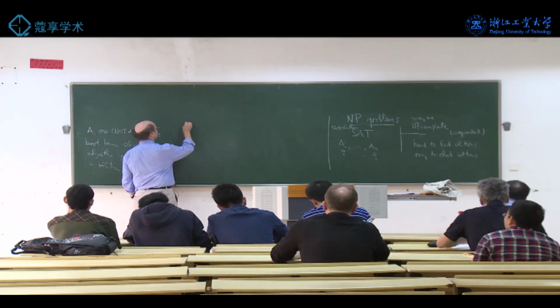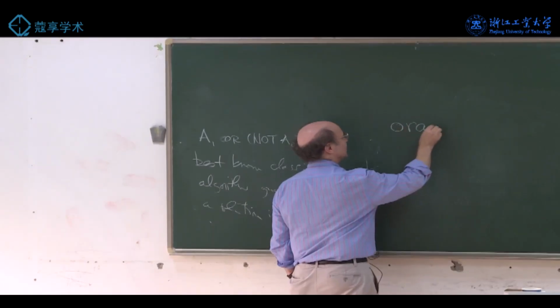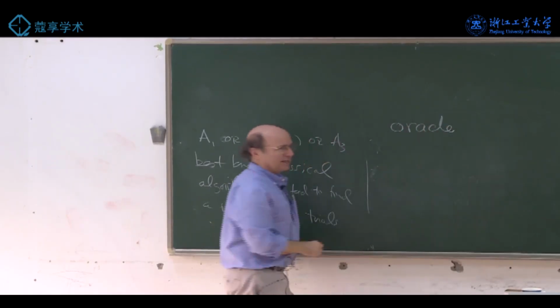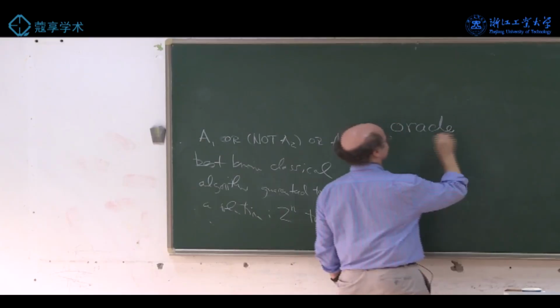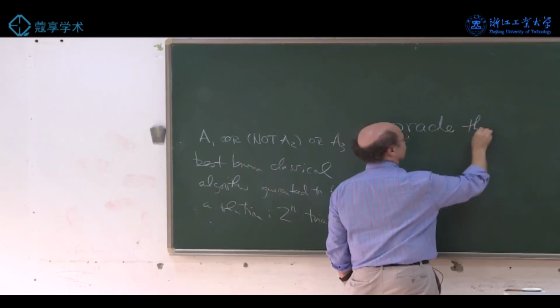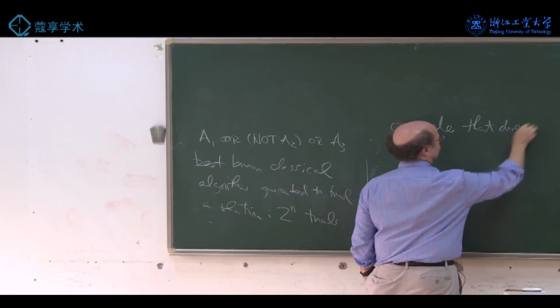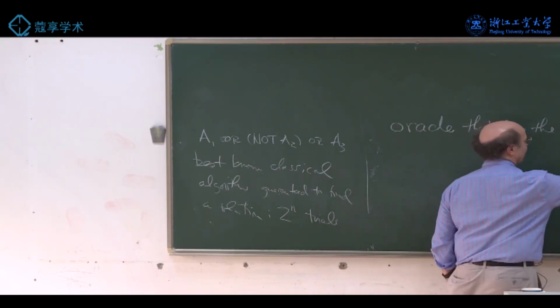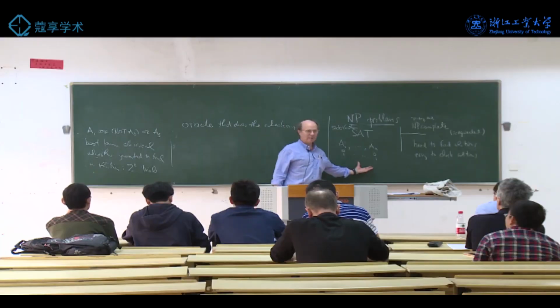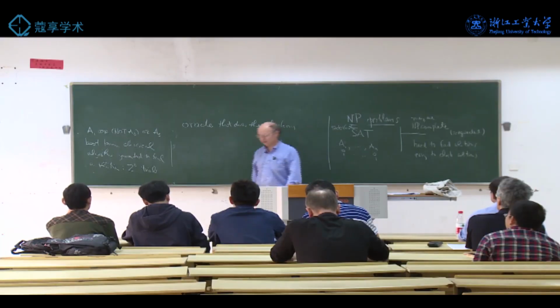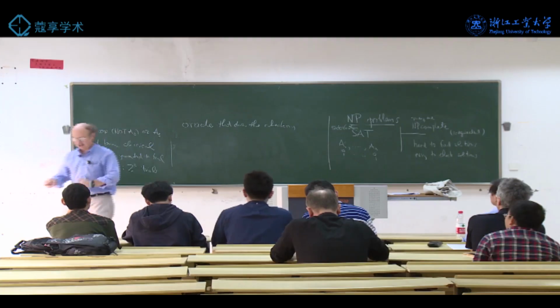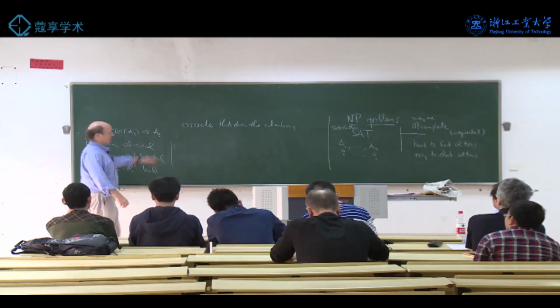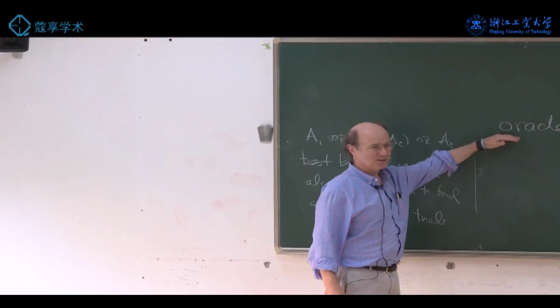Okay, now suppose we have an oracle that does the checking. Actually, the process of checking you can easily automate. You can easily imagine automating and designing little quantum circuits that will do the checking.